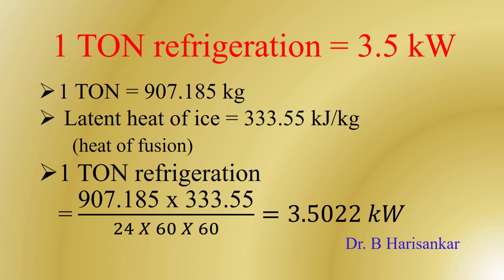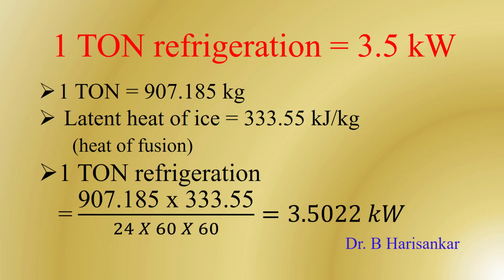Now, as per the definition, 1 ton of refrigeration means 1 ton, that is 907.185 kg, having the latent heat of 333.55 kilojoule per kg. This much amount of heat is required to be added in 24 hours. 24 hours means 24 into 60 into 60, because every 1 hour has 60 minutes and every 1 minute has 60 seconds.